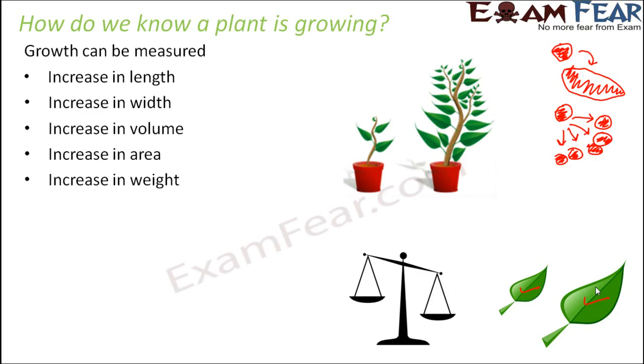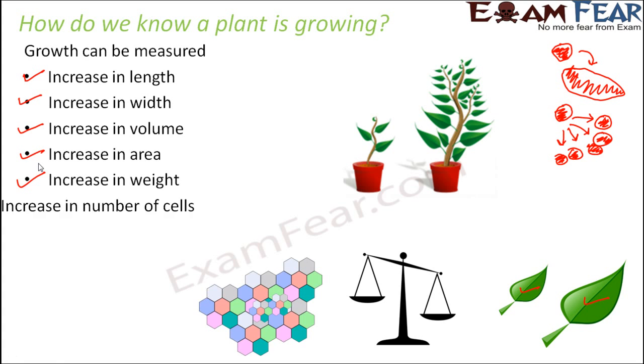Maybe the length has only increased because of the presence of the apical meristem, but inside the plant is all dried up, it has lost all the leaves, the weight has reduced drastically. If that is the case, you would not say that the plant is growing, right? So there are multiple parameters which decide whether a plant is growing, and therefore one factor should not be relied upon to decide whether a plant is growing or not.